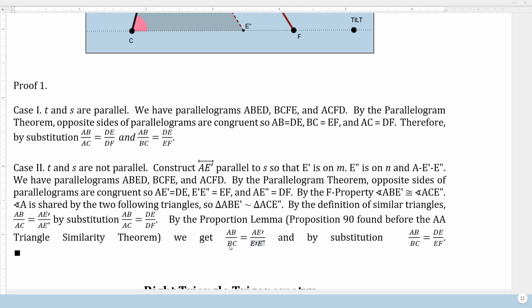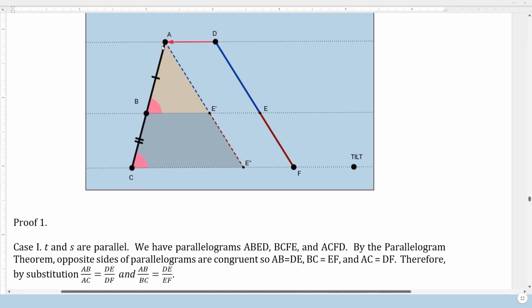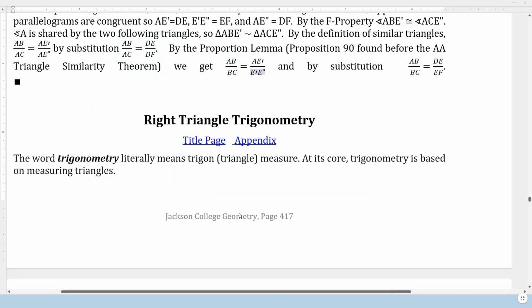Actually, what we get is from this triangle, if they're similar, one of the things that we saw from our earlier lemma that we did back before the AA theorem at all, is we showed that because of the betweenness relationships and so forth, if they're similar, we get AB is to BC as AE prime is to E prime E double prime.